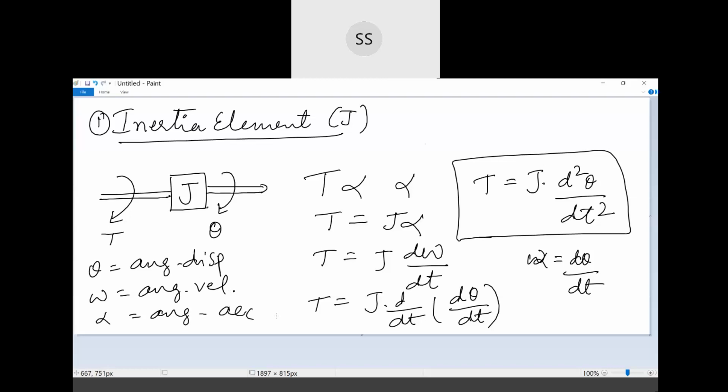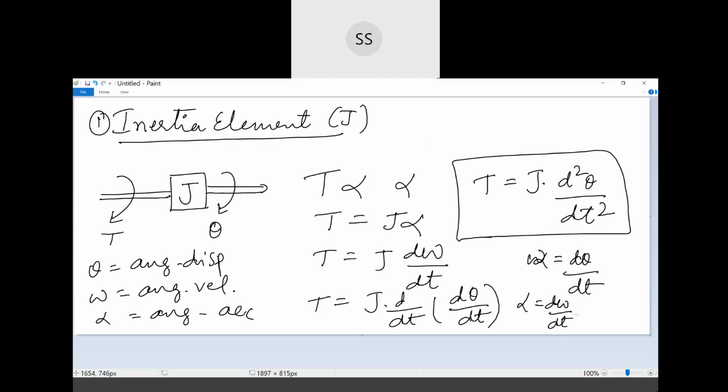Okay, so that's why first we are writing T proportional to alpha, or T is equal to constant J into alpha. Okay, so this acceleration is nothing but rate of change of angular velocity, that is d omega by dt. So here I'll write alpha is nothing but d omega by dt. That's why we are replacing it.